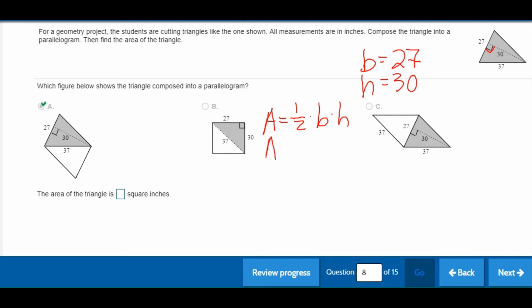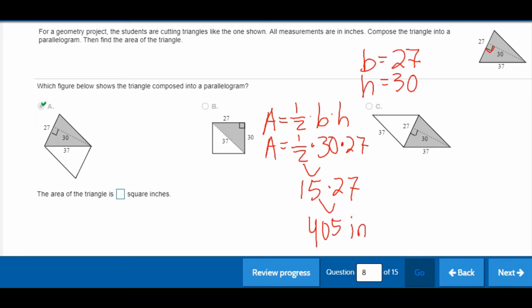So I'm looking for the area. I'm going to keep 1/2. I'm going to multiply by 30 since I can take half of 30, which is 15. And then I'm going to multiply that by 27. It doesn't matter which order you put this in. So half of 30 is 15 times 27. Once you do 15 times 27, you end up with 405 square inches.